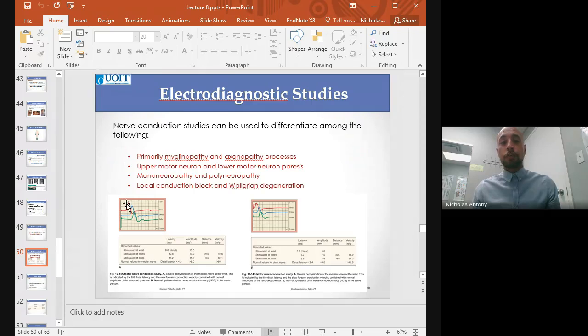This slide is showing the difference between using a nerve conduction test to look at whether the injury to a peripheral nerve is a myelinopathy, so grade 1, versus an axonopathy, which is a grade 2. Myelinopathies show a decrease in speed, whereas axonopathies show a decrease in amplitude.